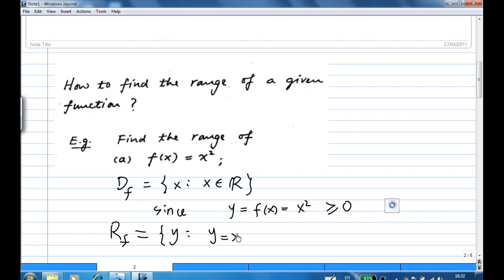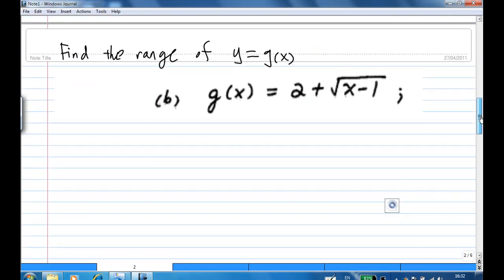Now we know that since x² is always greater than or equal to 0, you collect all the y greater than or equal to 0. So this is the interval including 0 to infinity. Let's look at another example.